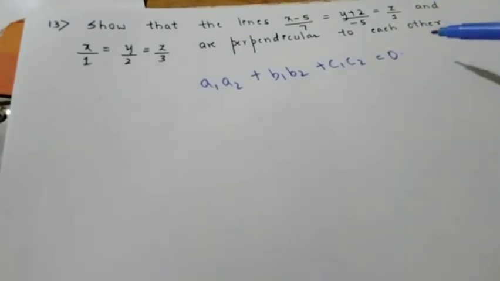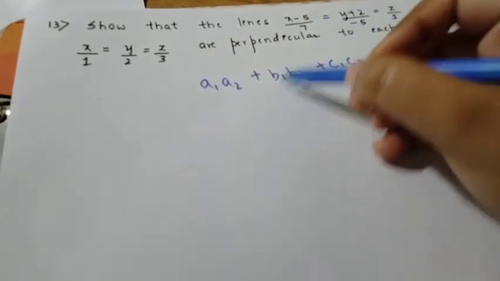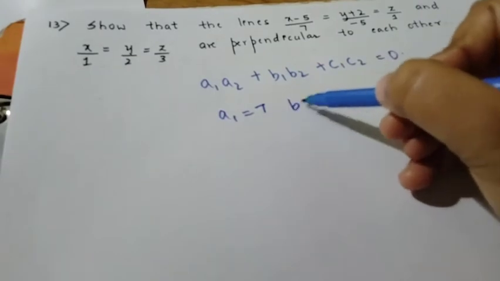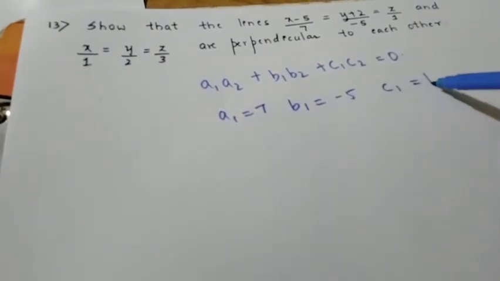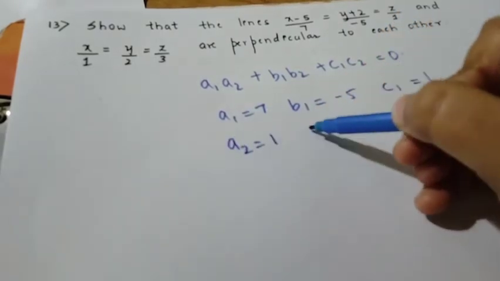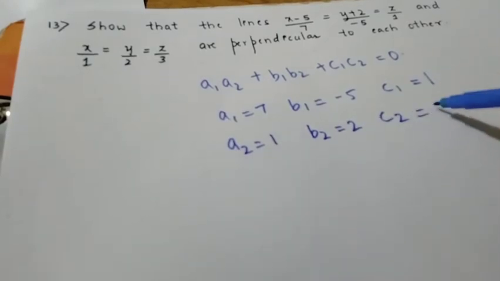If it is 0, then the lines are perpendicular. What is A1 value? 7. B1 value minus 5 and C1 value is 1. What about A2 value? A2 value is 1, B2 value is 2 and C2 value is 3.